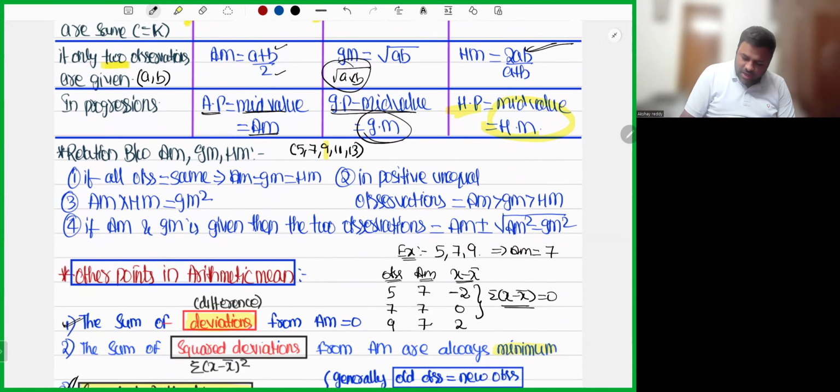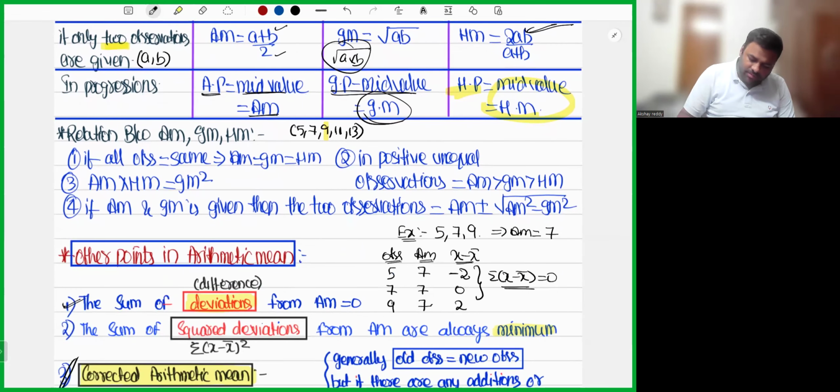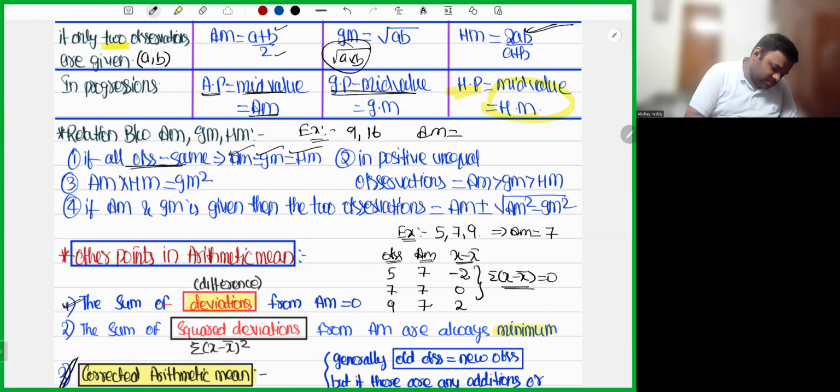Next, the relationship between AM, GM and HM. If all observations are the same, AM, GM, HM, all three will be equal. In case of positive unequal observations, for example, I am having 9 comma 16. What is the arithmetic mean of 9 and 16? It's 12.5. What is the geometric mean?